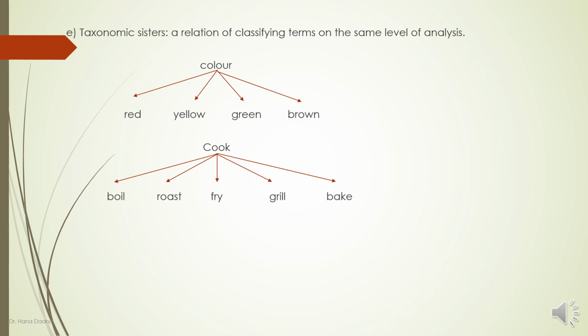At the same time, they are taxonomic sisters because they are arranged on the same level of analysis and arranged horizontally, so they are connected to each other within that kind of taxonomy relationship.